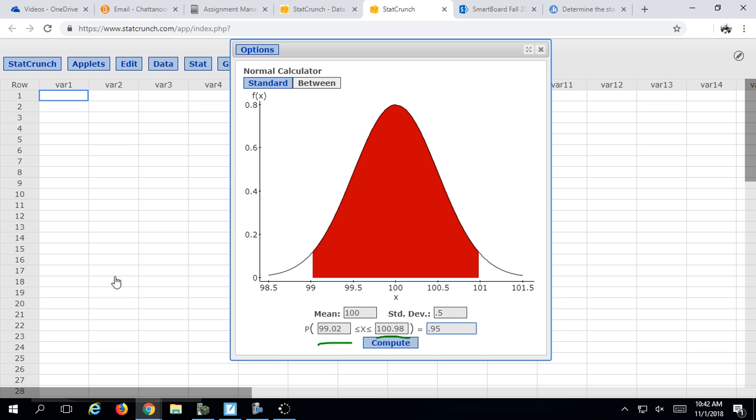So 19 out of every 20 of these samples will have a mean really close to 100, within 1. About 1 out of every 20, just by random chance, you'll pick this wild sample that's not representative. Okay, because you're picking randomly. There's chance involved. Just by random chance, you might pick a bunch of smart people, and it'll pull that mean up, over 100 or something like that.